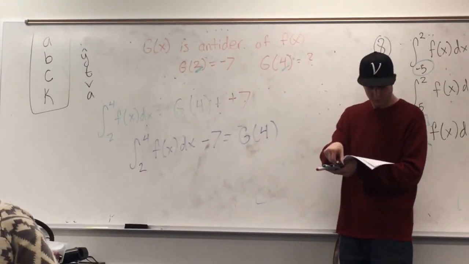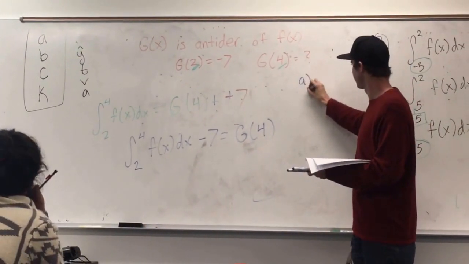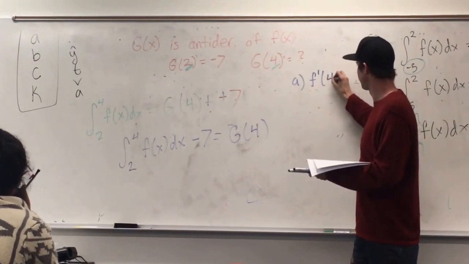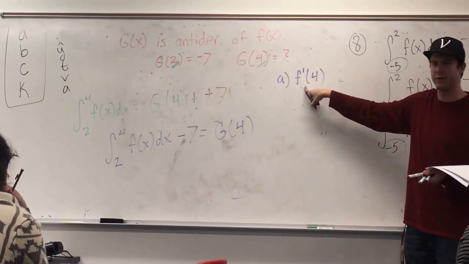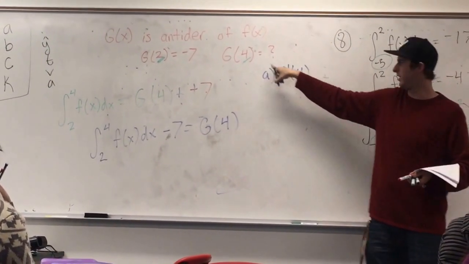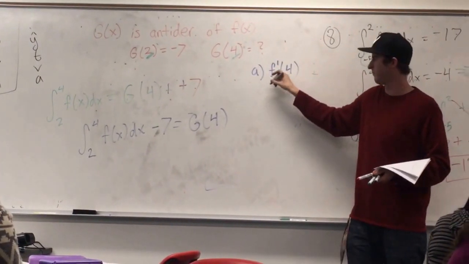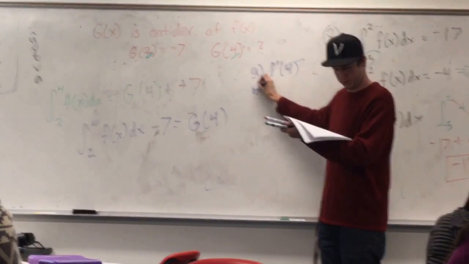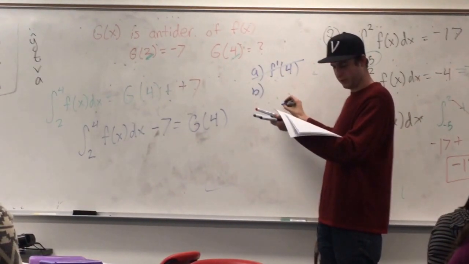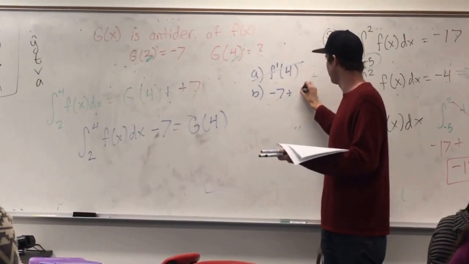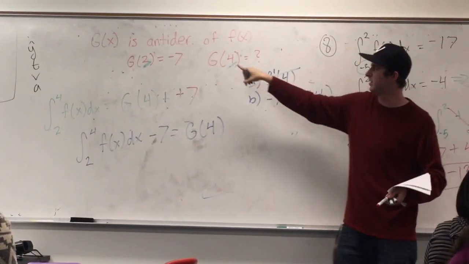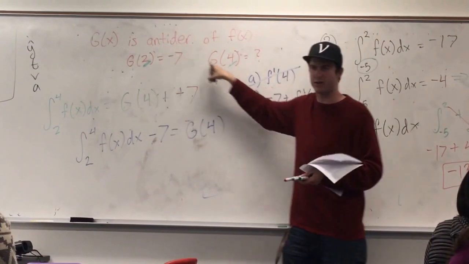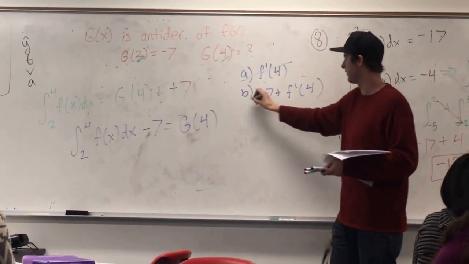So when it says A, f prime of 4, would the integral be the same as the derivative? Is the integral the same thing as the derivative? No. Then B is -7 plus f prime of 4, again same thing. This is an antiderivative. It has nothing to do with the derivative.